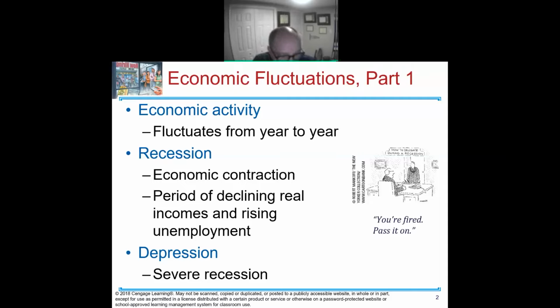It wasn't as bad as a depression. A depression is basically a severe recession. The Great Depression, after the stock market collapsed in 1929, was probably the worst in recorded history. We have had severe recessions, but not to the point of depression. Some economists could consider the era of 2007 to 2010 to be a depression because of how long it lasted, but really, it was more of just a really bad recession.